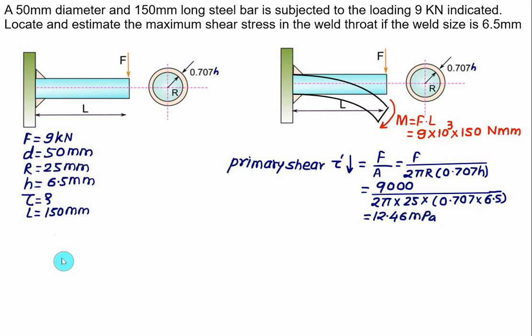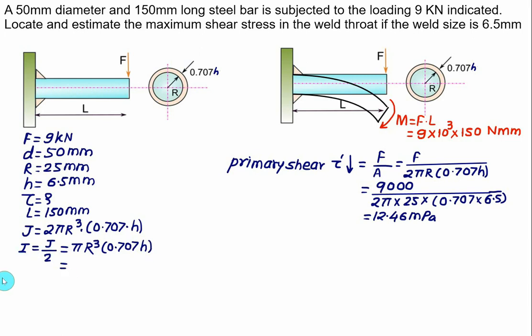The polar moment of inertia for a thin ring J is given as 2 pi into r cube into throat thickness, that is equal to 0.707 multiplied by h. And the moment of inertia about the x-axis or y-axis is half of the polar moment of inertia, that is equal to pi into r cube into 0.707 times h.